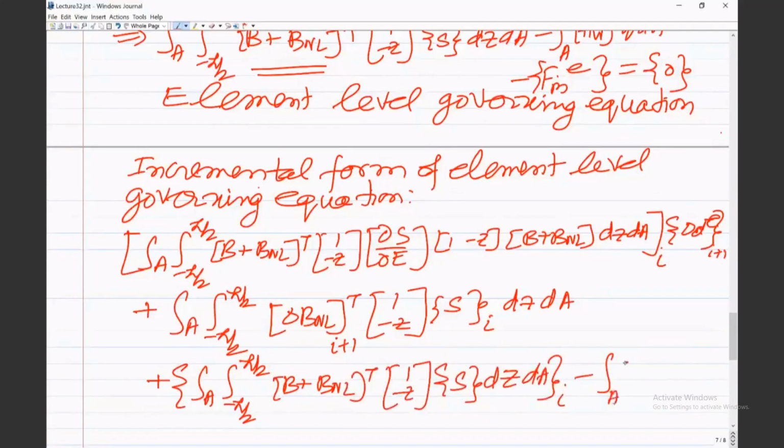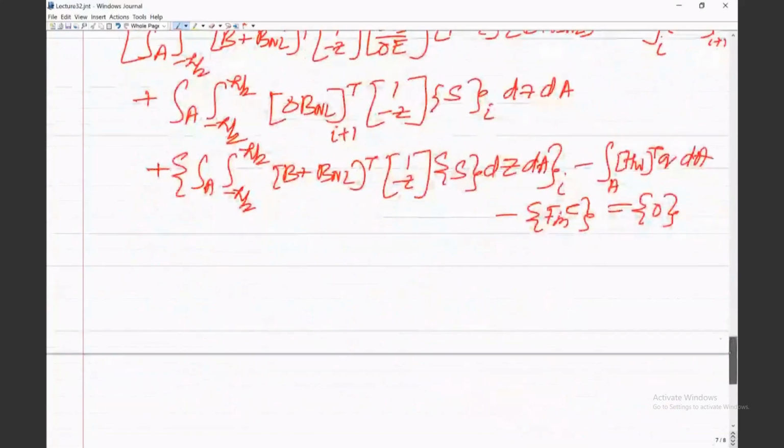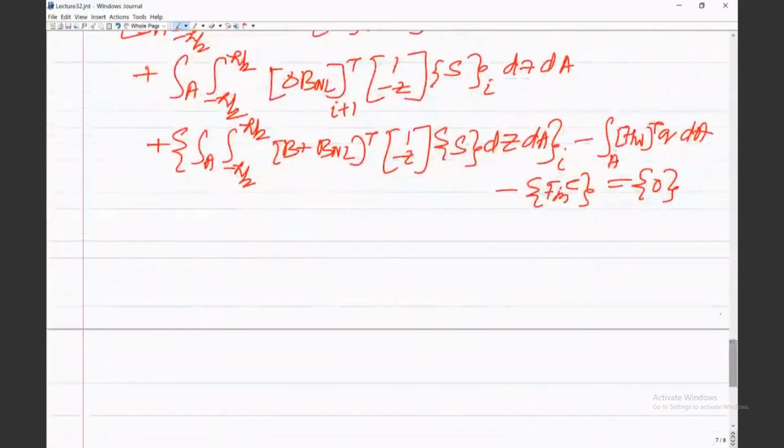Minus we have integration over area, HW transpose into QDA, and minus F internal for the element. This whole thing is equal to a null vector. So this is the incremental form of the element level governing equation what we have got over here.